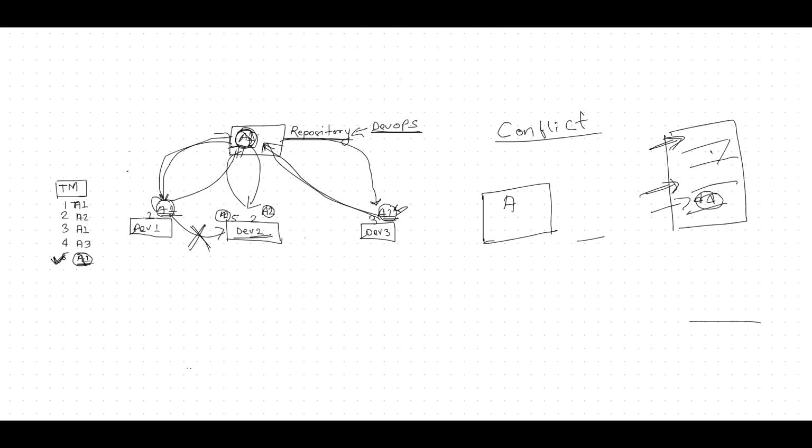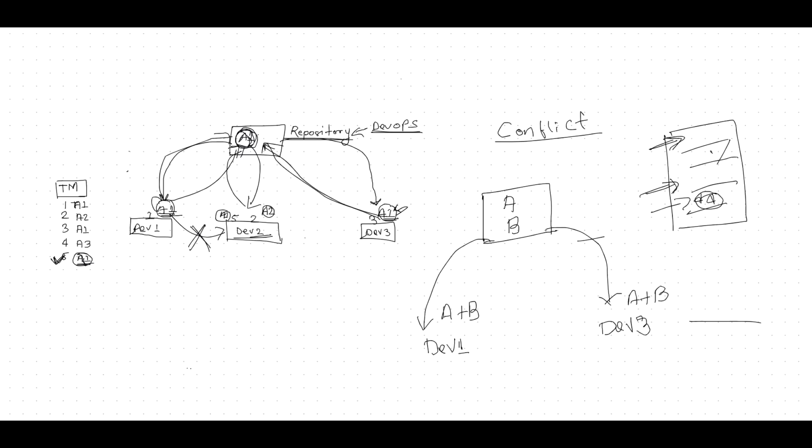So here we have AB. At this moment, this application repository contains AB. Developer 1 took this code, so he will get AB. And developer 3 also took the code, so he will also get AB, correct?